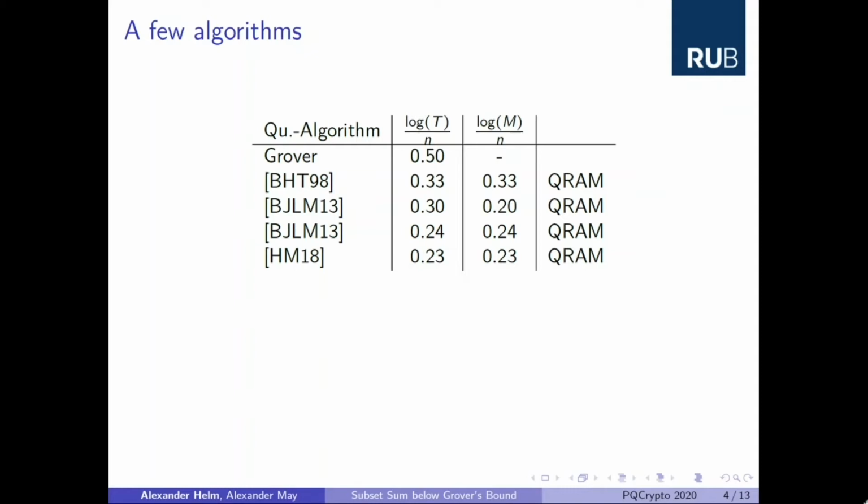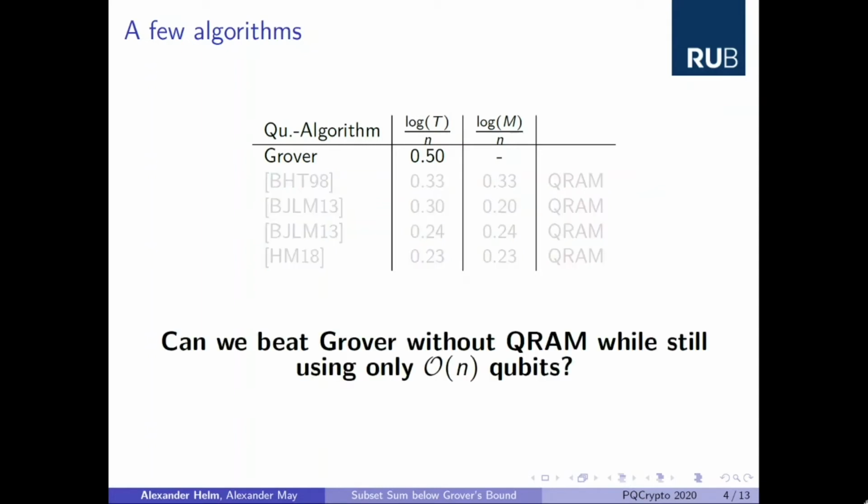Apart from that, most of these algorithms, which are based on the quantum walk search, need an exponential number of qubits. So concerning the development and scalability of today's quantum computers, we want to focus on quantum algorithms which work without QRAM and only with linearly many qubits. Sure, there's Grover's algorithm, but perhaps we can do better. So the question is, can we beat Grover without QRAM by using only linearly many qubits?